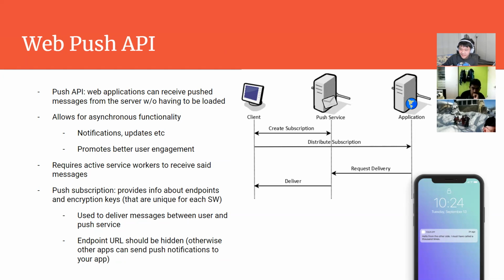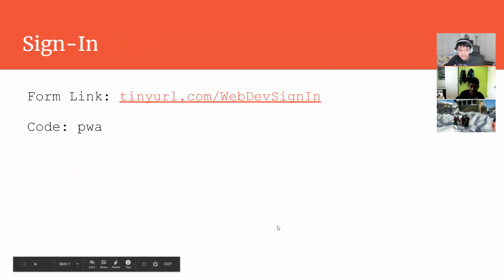I give that key to my server, and then when my server wants to send me a notification, it sends Google saying, hey, I want to send a notification to this key, and then Google sends it over. And this is good because if a malicious app or a hacker wanted to spam you with 100 notifications a second, they can't because Google will just block it. So yeah, that's a very nice side effect.